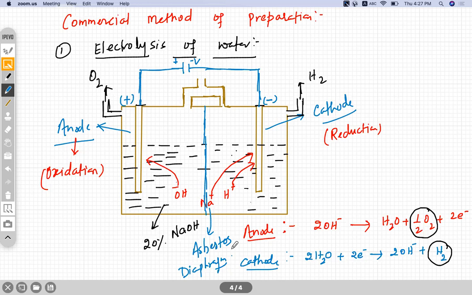No, it's not. Because OH minus is coming from H2O and NaOH, correct? So when these two dissociate, we'll get an equal number of H plus and Na plus also. Initially, the mixture will be neutral. The electrolyte will be neutral.